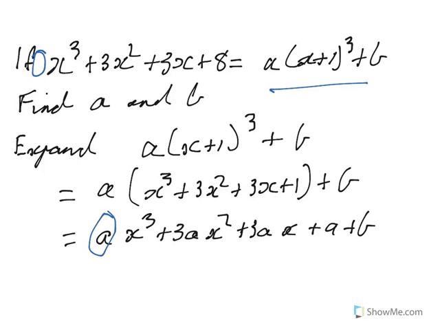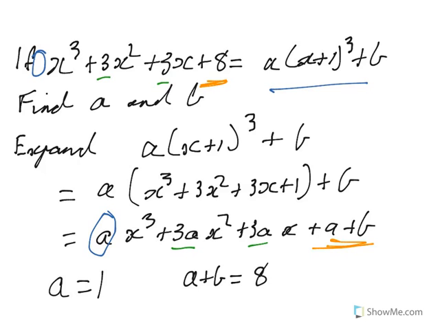So already that one tells us that a is equal to 1. Now we can check that. That's got to be 3a, 3 times 1, that works out. Now the other one is the number on the end. So a plus b has got to equal 8. But since we know that a is 1, that means that b has got to be 7.